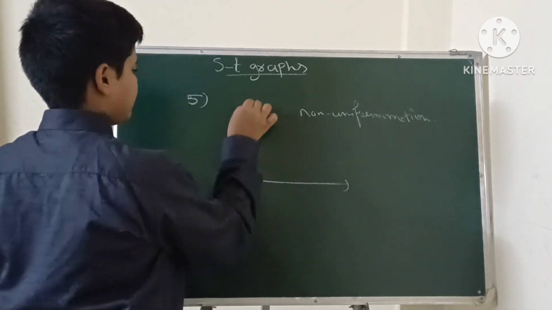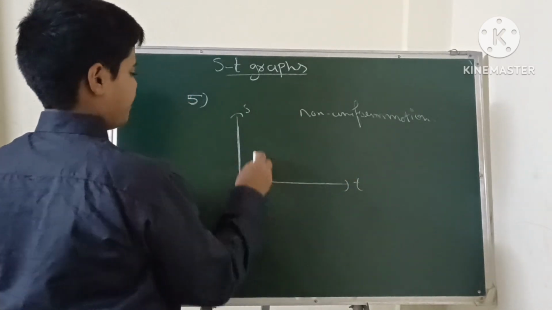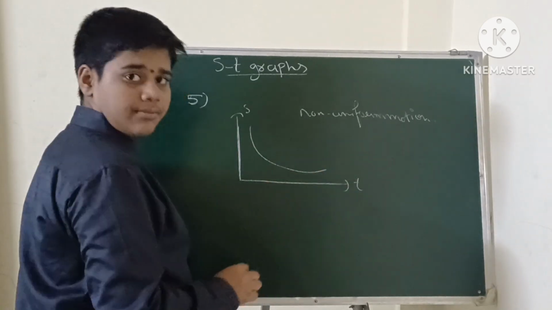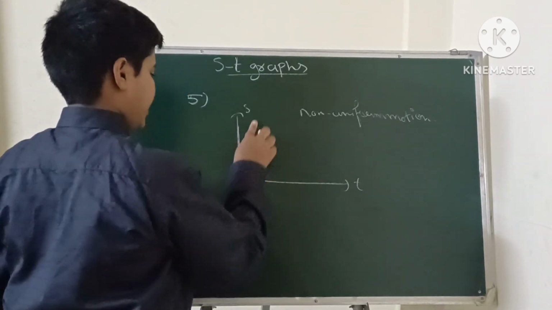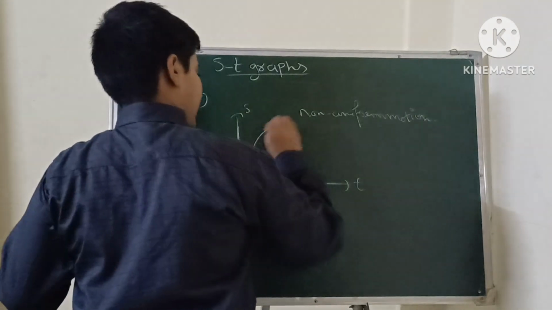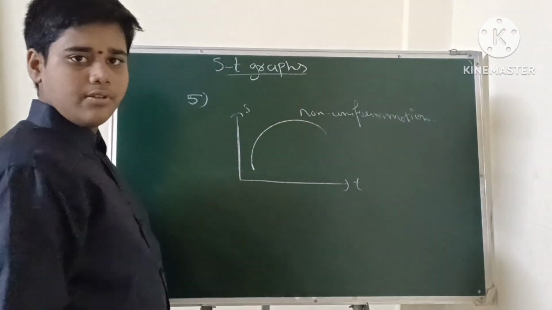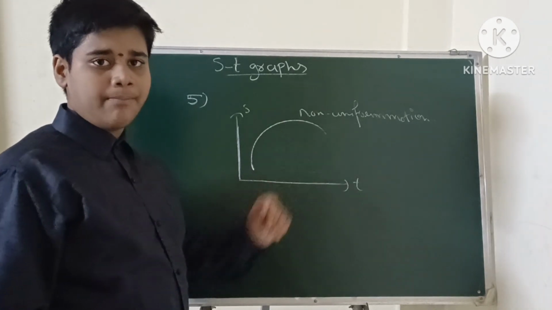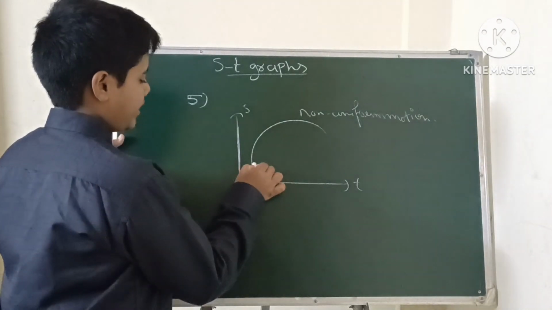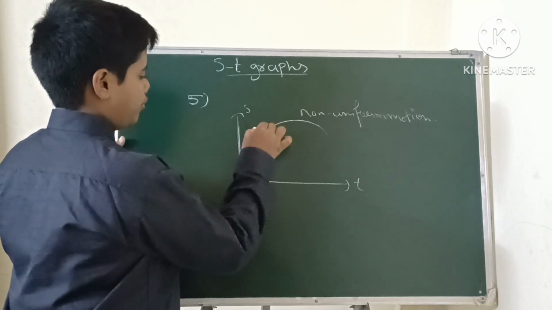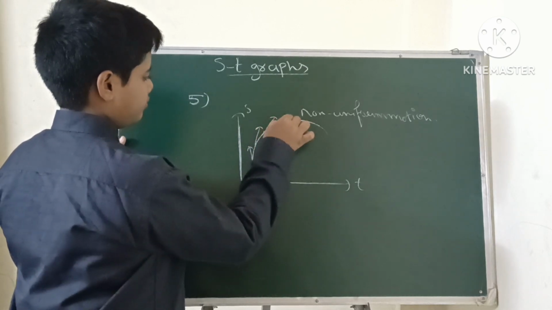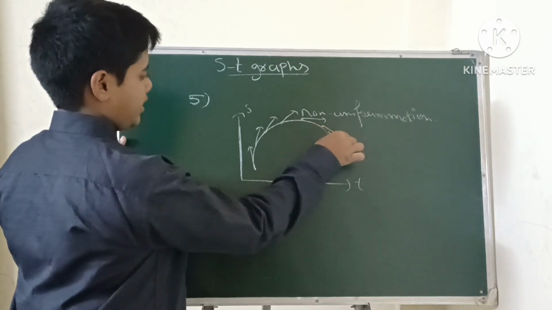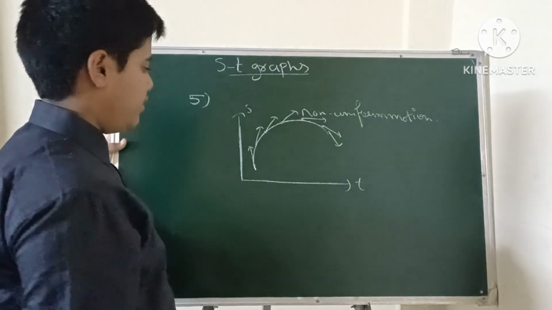ST. In the before example I took this curve, but in this example I am taking this curve. Does the slope vary from point to point or is it the same? Here the slope varies from point to point.